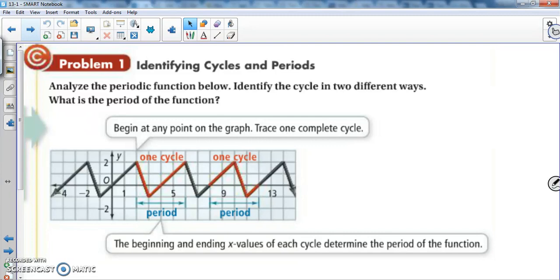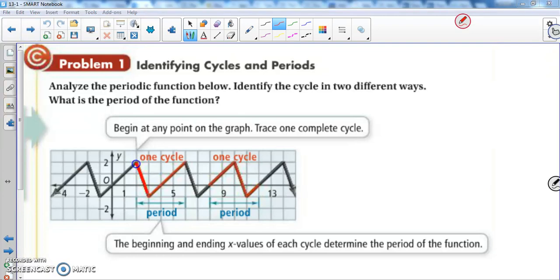Number 1, identifying cycles and periods. Analyze the periodic function below. Identify the cycle in two different ways. What is the period of the function? So we have a graph here, and we can begin at any one point and trace the graph until we get back to that point.